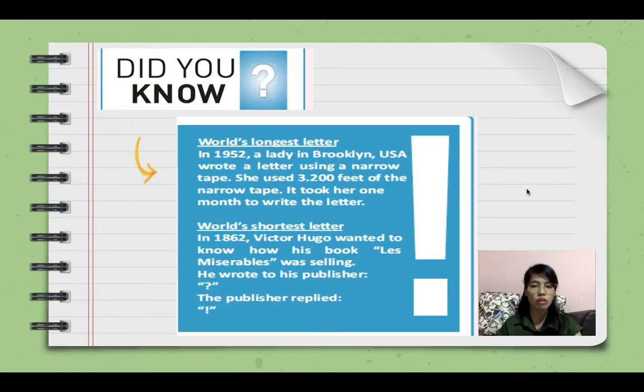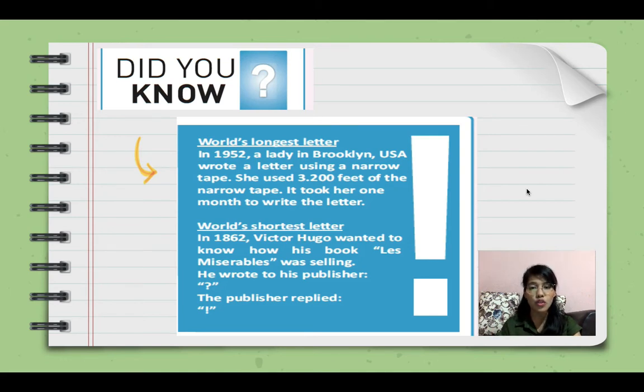Did you know the world's longest letter? In 1952, a lady in Brooklyn, USA, wrote a letter using a narrow type. She used 3,200 feet of the narrow type. It took her one month to write the letter. One month.